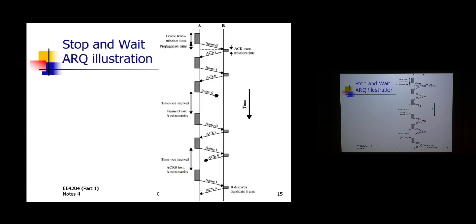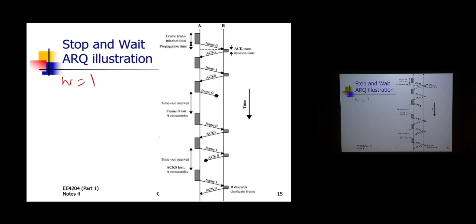Now look at this illustration. In this case, stop and wait is the same as sliding window with window size 1. That means it's permitted to send up to 1 frame without waiting for an acknowledgement. As soon as it sends 1 frame, window becomes 0.